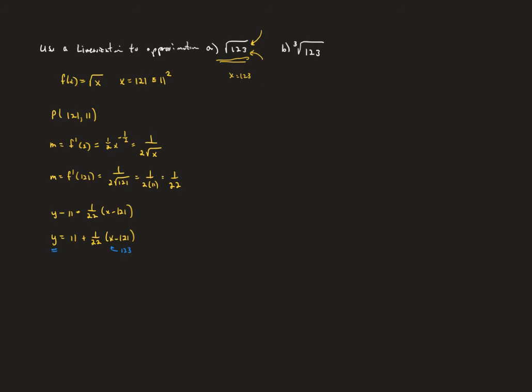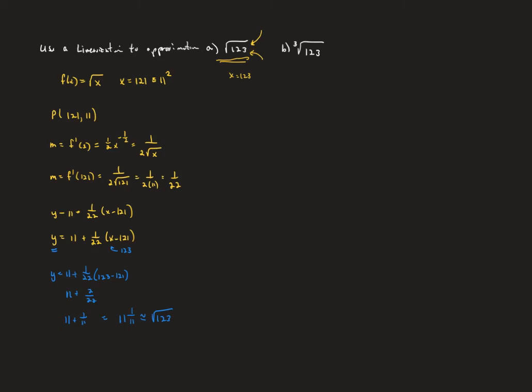That will be our approximation to the square root of 123. So we are going to get 11 plus 1/22 times, and the 123 minus 121 is just 2. So that's going to be 11 plus 2/22, which is going to be 11 plus 1/11, and I would just leave it like that. That is going to be our approximation to the square root of 123.